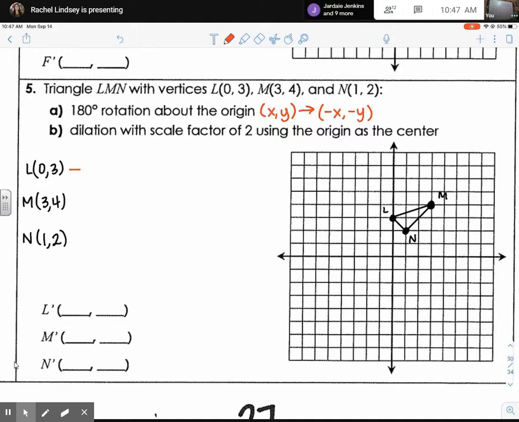So L prime is at 0, -3. M prime is at -3, -4. And N prime is at -1, -2. Again, you can plot those points if you want to. I'm not going to this time.